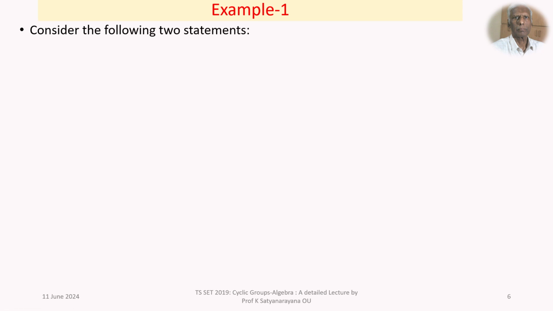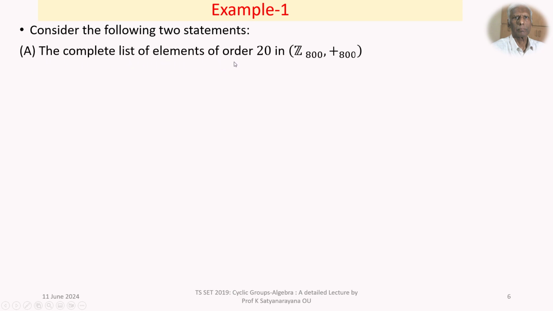Now we go for an example. Still some more properties are there that I will tell you after example 1. Consider the following two statements. Statement A: the complete list of elements of order 20 in Z800 under addition modulo 800 is these elements: 40, 120, 280, 360, 440, 520, 680, 760.